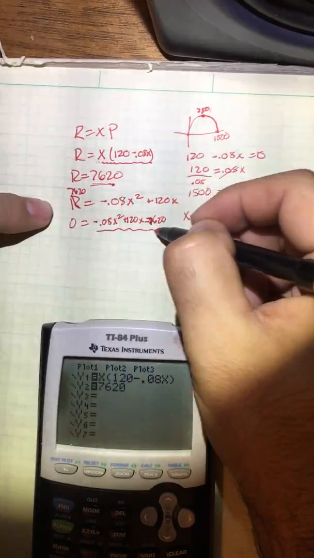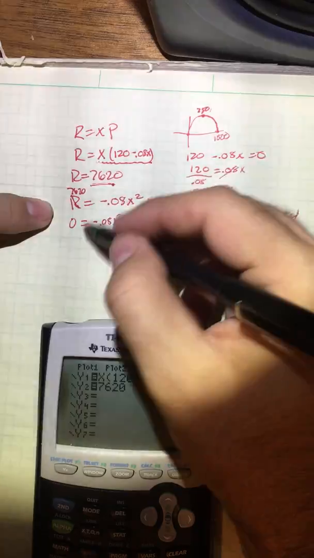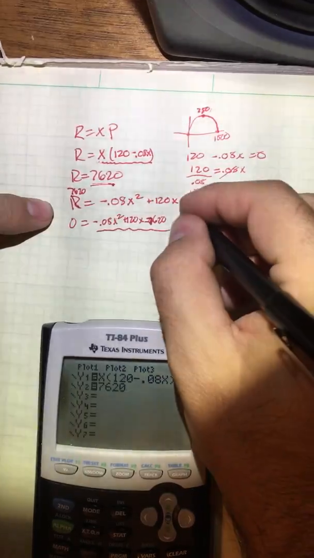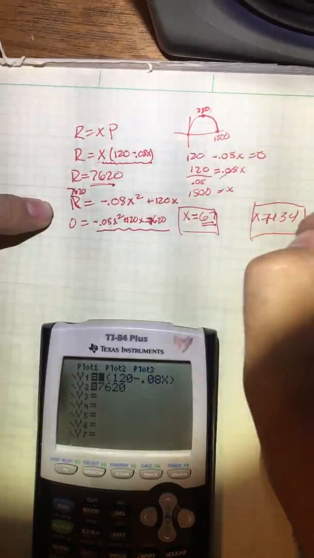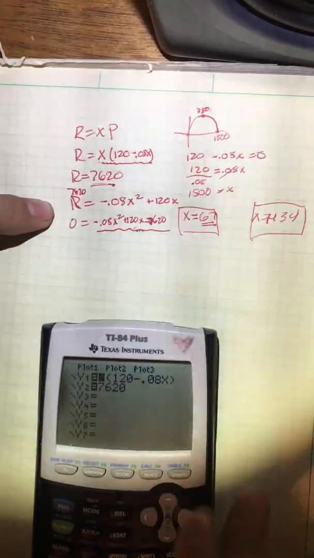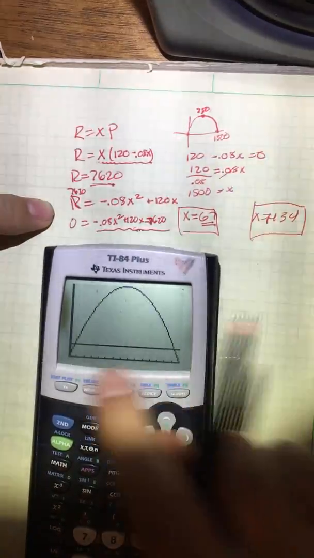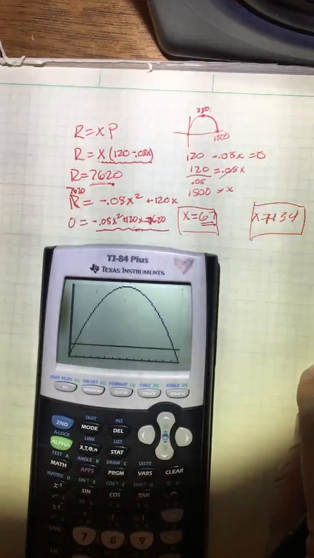Then I could do the quadratic formula on that, and it'll give me the two x-intercepts. So the quadratic formula will work too, but I think it's easiest just to graph the two equations and find out where they cross.